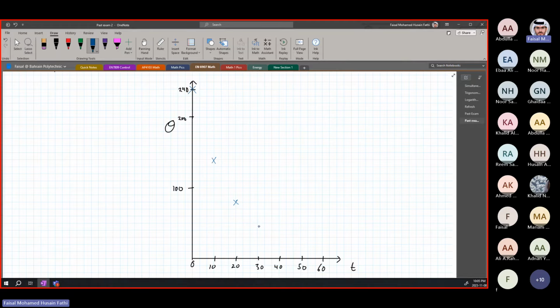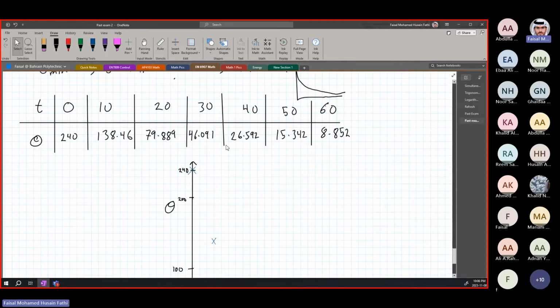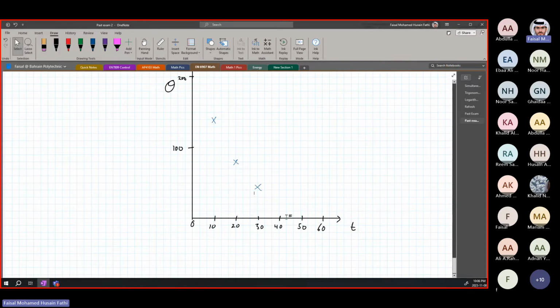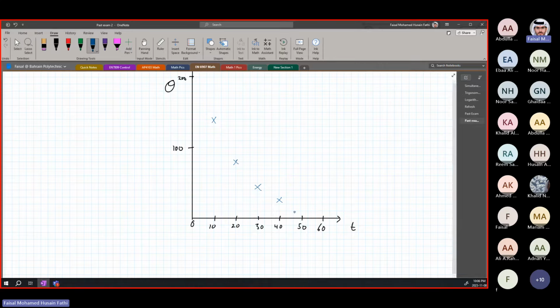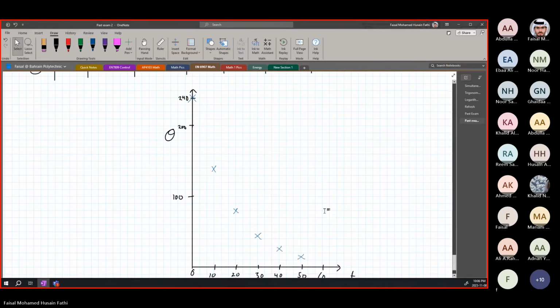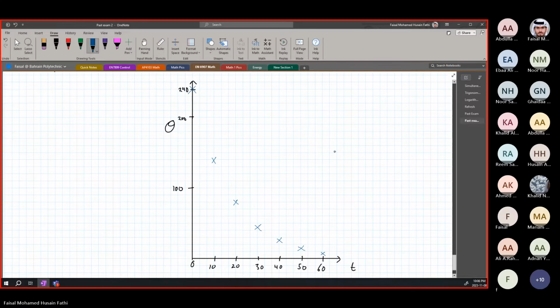So 30, 45 is somewhere here. For 40, 26.5, say approximately 27, somewhere around about here. Same thing for 50 and 15, this is the midpoint here. And the last point, 8.852, which is at 60, will be a bit under the 10. And now we have our curve.